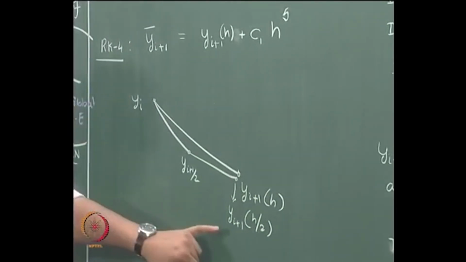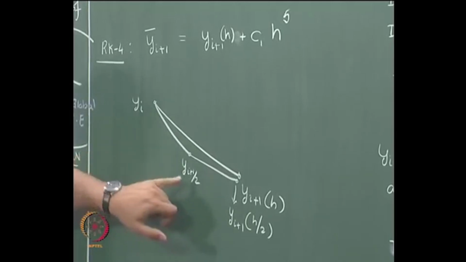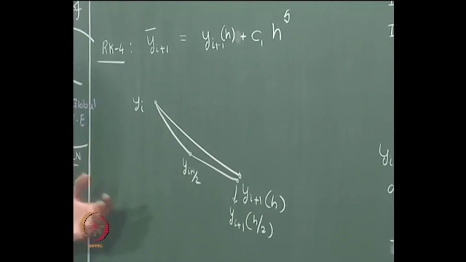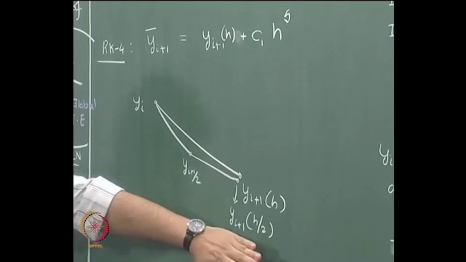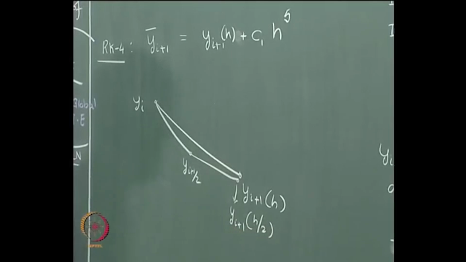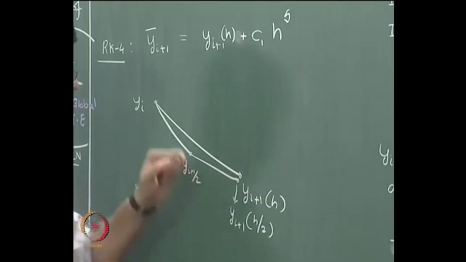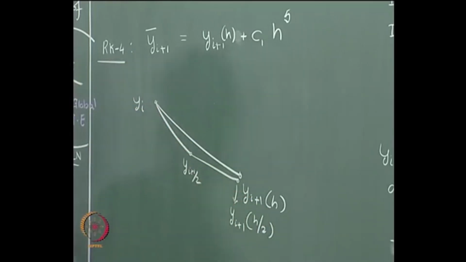Okay. So when we use this method, it is going to be more accurate, as we have been seeing all throughout, in giving us the value of y(i+1) compared to the method in which we use one single step to go from yi to y(i+1).